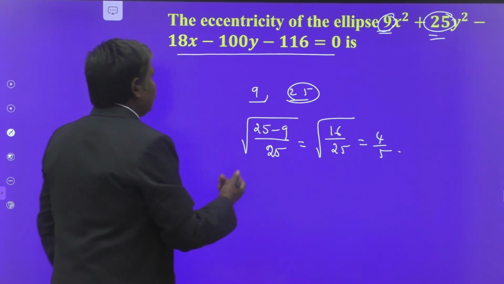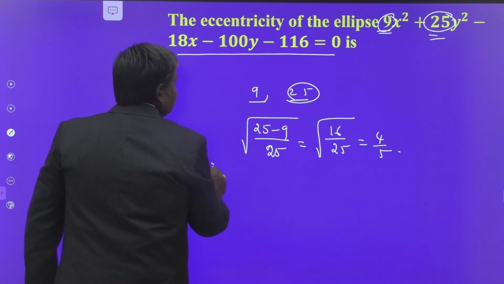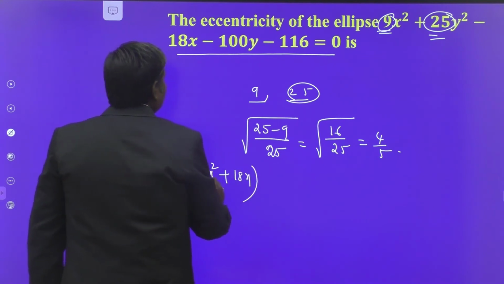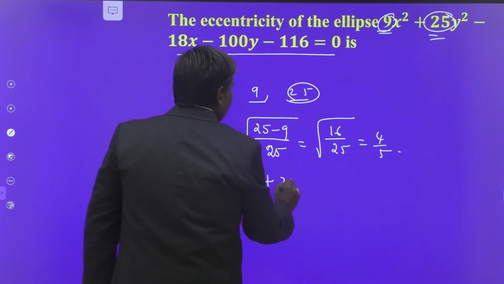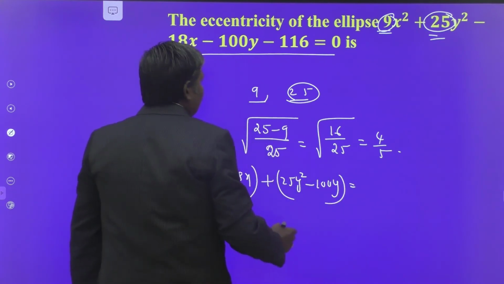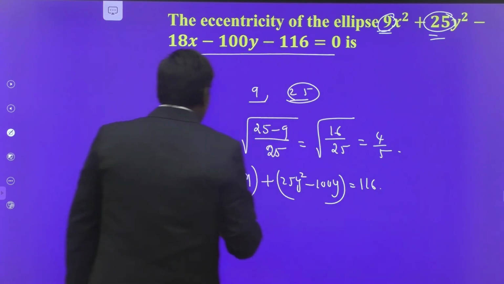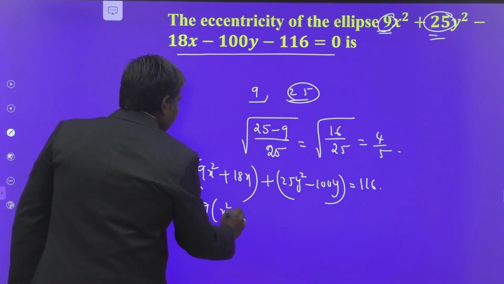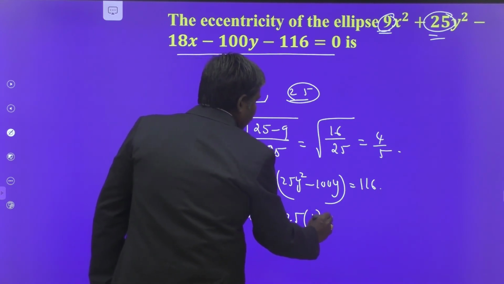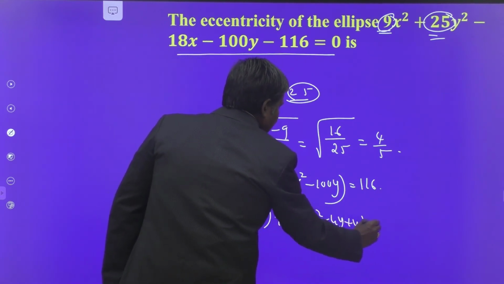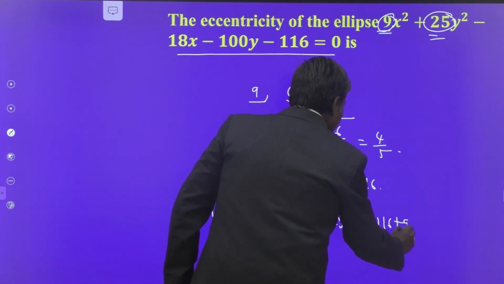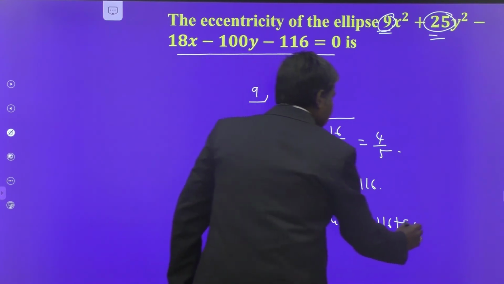So, let us check by doing the original method. This is 9x square plus 18x is one thing, and 25y square minus 100y is equal to 116. So take 9 common: 9 into (x square plus 2x plus 1) I am writing here, plus 25 into (y square minus 4y plus 4), equal to 116. To balance, I am writing plus 9 and plus 25 into 4, which is 100.